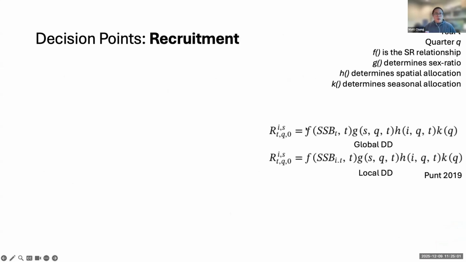In terms of recruitment dynamics, Andre outlined this general model where we have global density dependence. Essentially, global spawning stock biomass determines global recruitment, and then that gets apportioned out by a sex ratio and a spatial allocation that might be time varying or time invariant, and it might also be apportioned out by season.